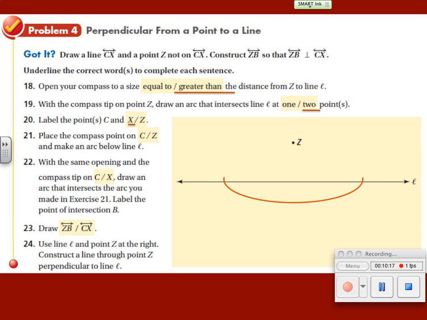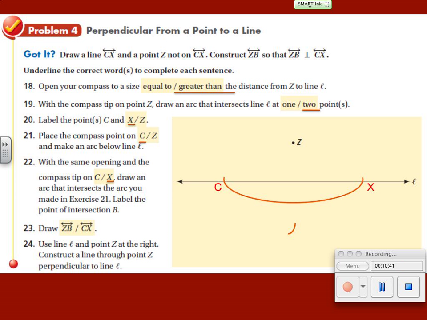We're going to place the compass point on C and make an arc below line L. So there's my line L. Now, we take the same opening. Very important, don't let your compass change. Take the same opening with the compass tip on X and draw an arc that intersects the arc you made in exercise 21.